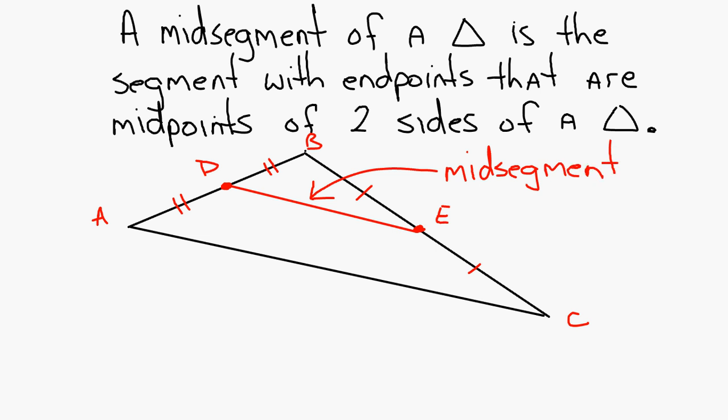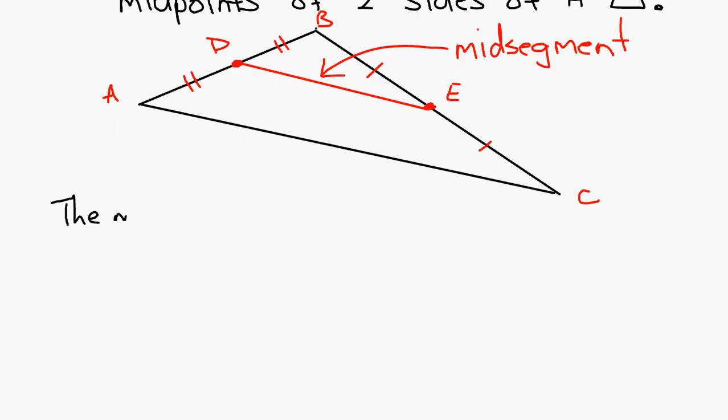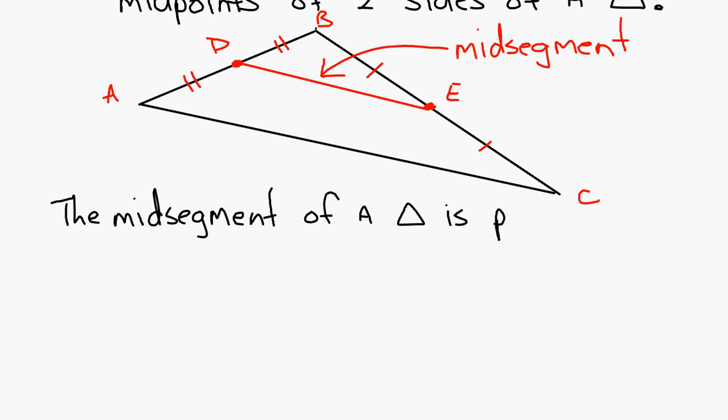Here's the rule about a mid-segment. The mid-segment of a triangle is parallel to one side and 1/2 its length.